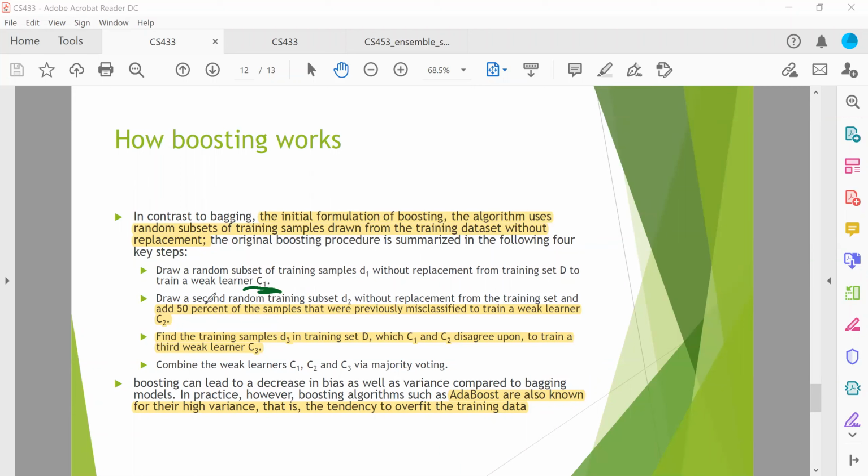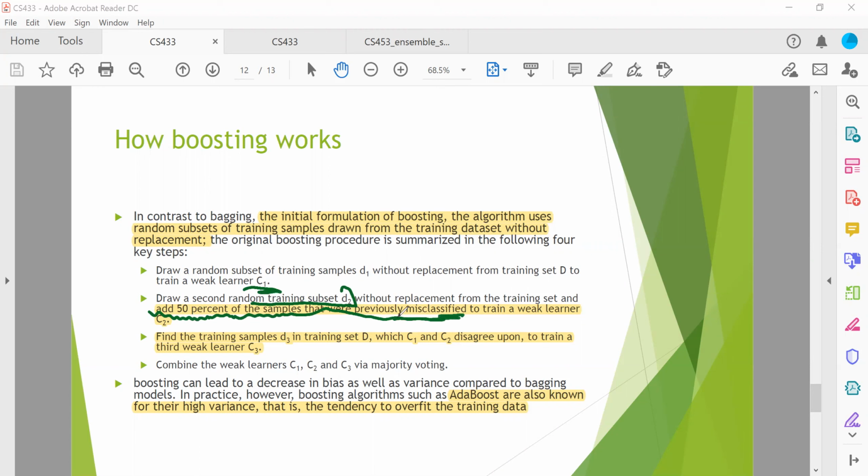And then we start with the second round. You still draw some random subset D2 without replacement. At the same time, be careful, you also add 50% of the samples from the first round that were misclassified.